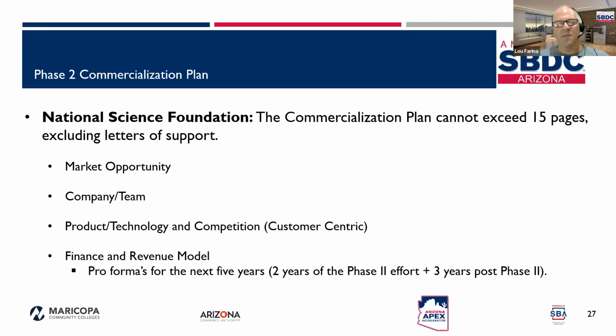But later, for phase two, you've got to get to a pro forma and a revenue model. And if you haven't done that before, we can help you do that. But this is going to be important not only for your phase two, but if you're going to get out and start talking to potential investors, they're going to want to see some kind of forecast that's based on some kind of rational thought.